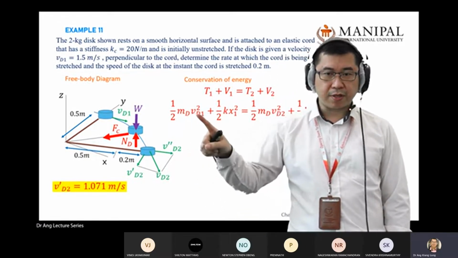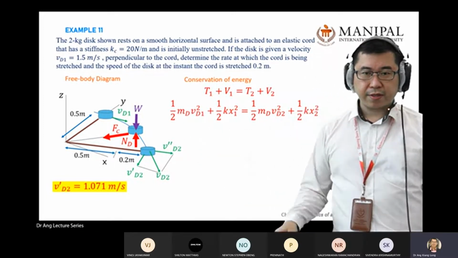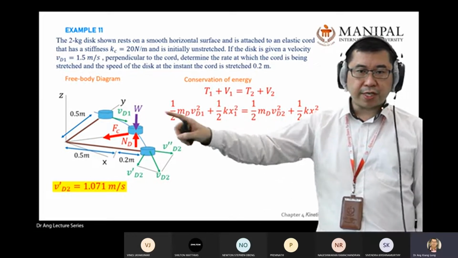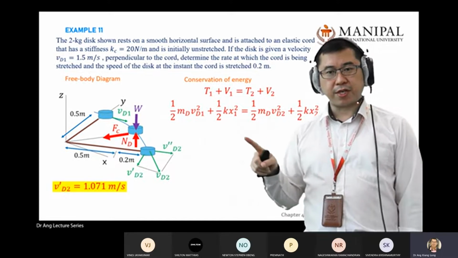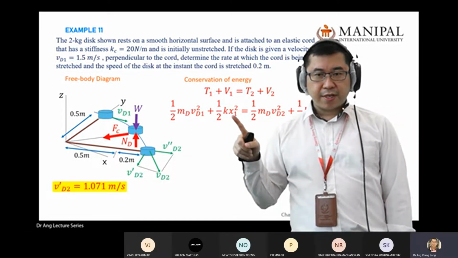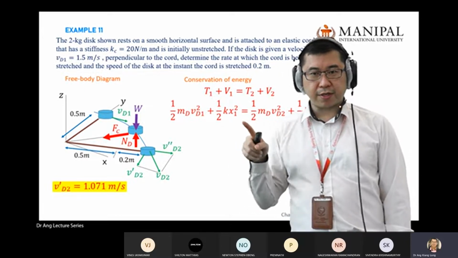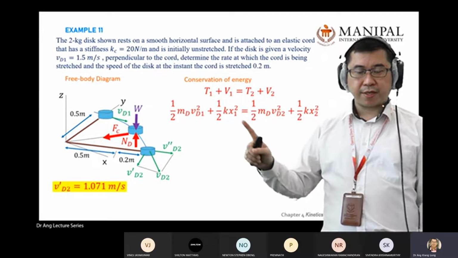Just substitute the value here, half m v squared. Again, the left-hand side is before. Because you are using an elastic object, you have the spring potential energy, half k x squared. If you forget, go back to chapter 3.